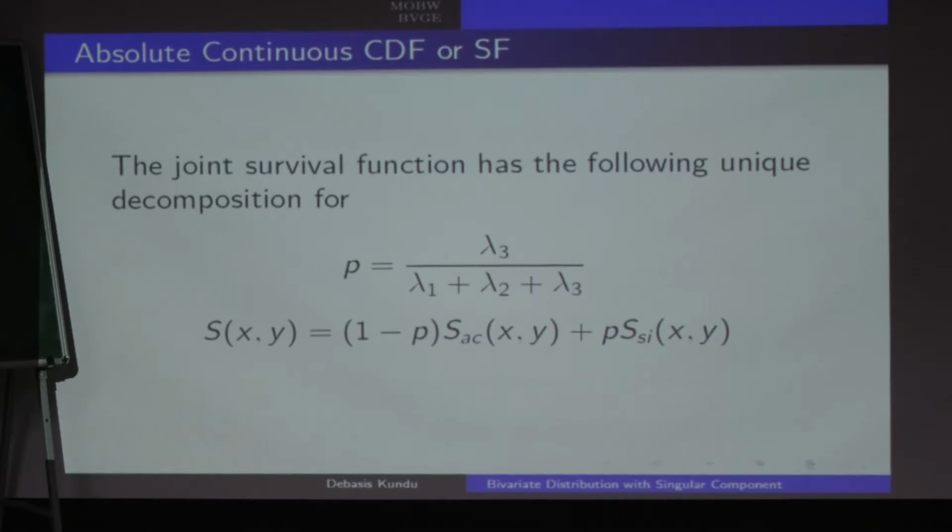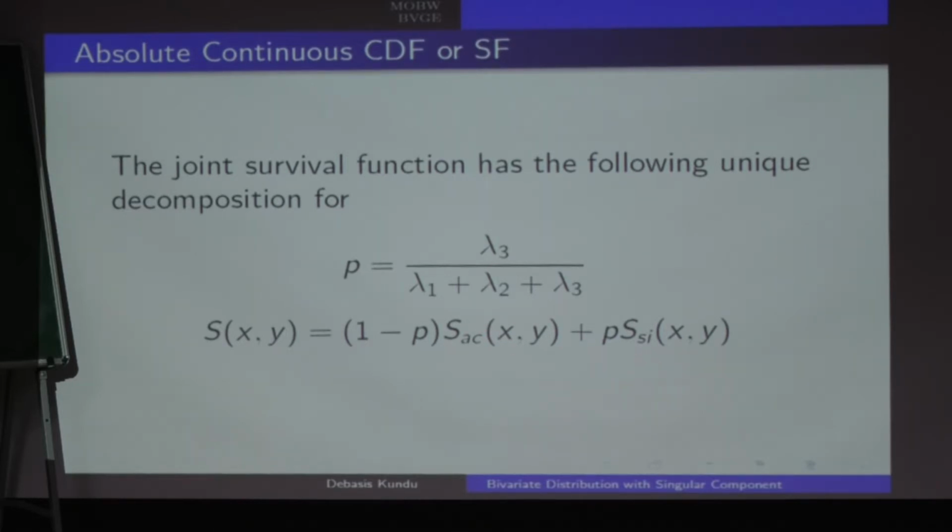So, let's look at a couple of simple properties of this one. The joint survival function has the following unique decomposition. This is actually true for any distribution function, because any distribution function you will always be able to write as an absolutely continuous one plus a singular one.